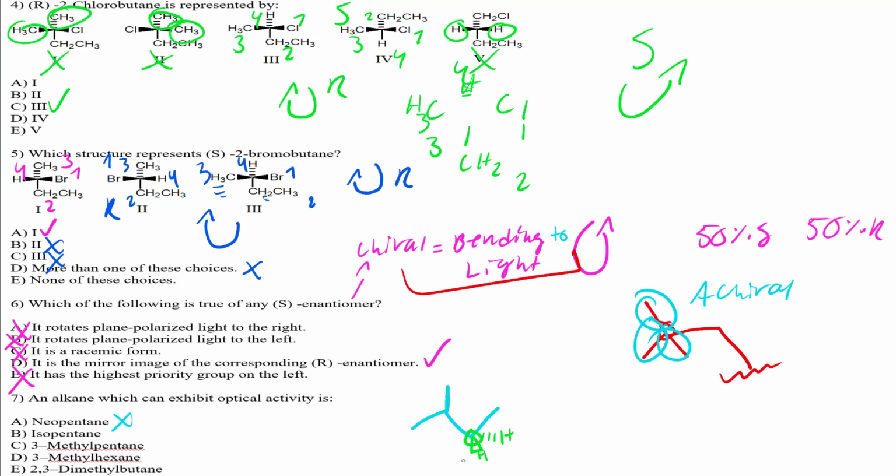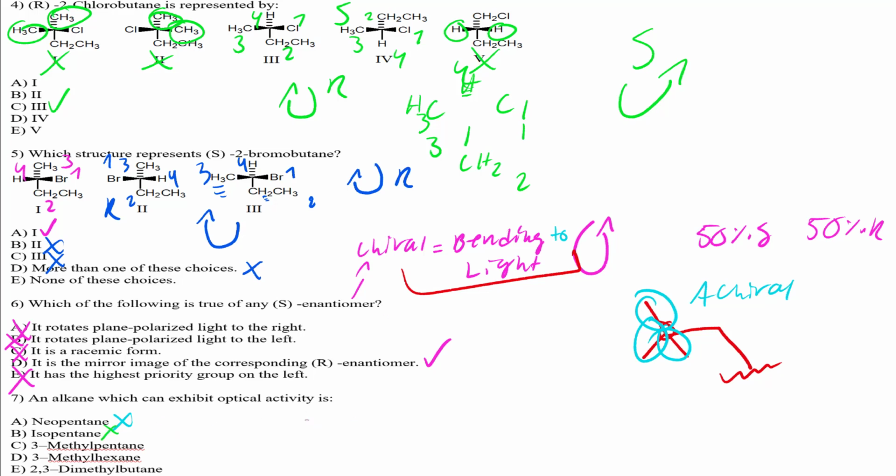And that group right there, carbon has 2 hydrogens, so it cannot act as a stereocenter. This one has 3 hydrogens, right? And this is the same as this guy. So you have 3 of the same things. That's incorrect. That cannot be chiral. That's achiral. And over here is going to have 3 hydrogens as well. And because we have repeating hydrogens, that's bad. So this is incorrect as well.